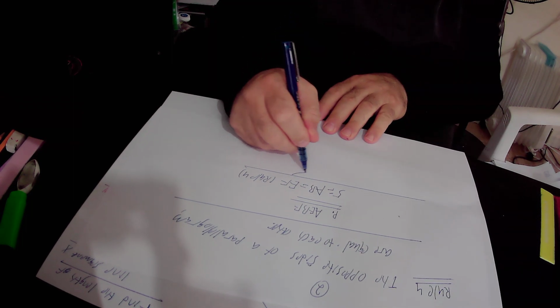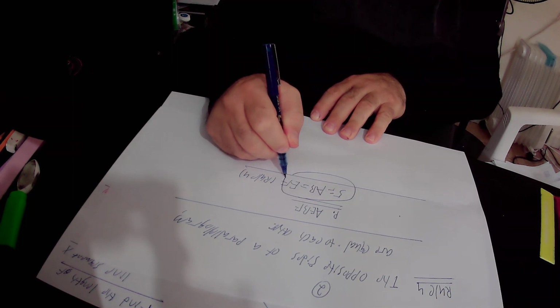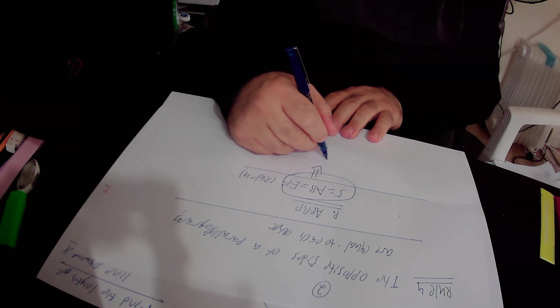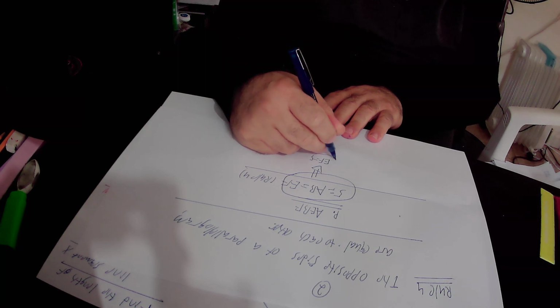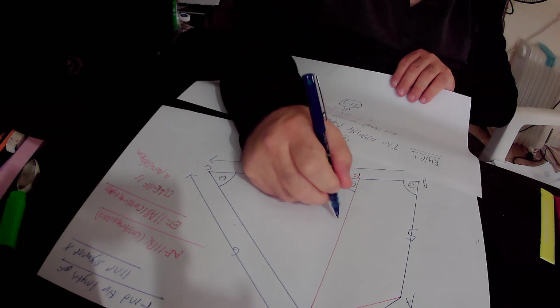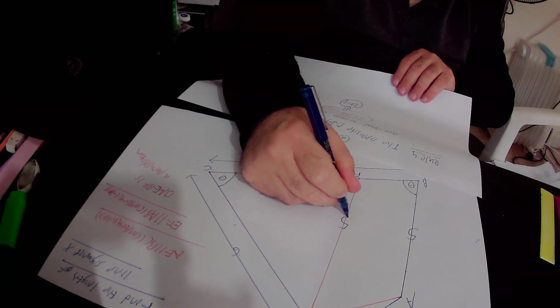And so from this equation 5 equals AB equals EF, we derive that EF is also equal to 5. Here EF equals 5 units.